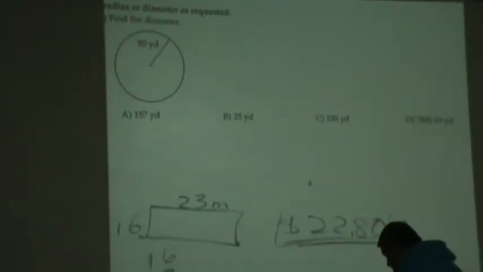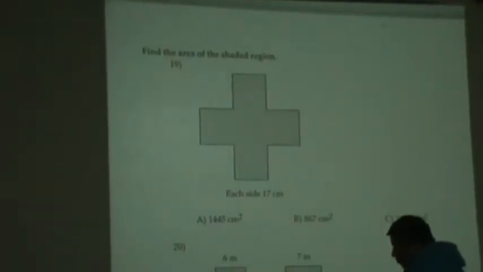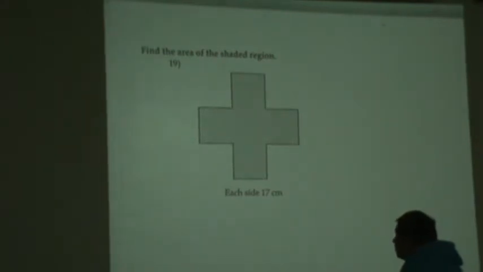Okay, next. 19, the area of the shaded region. We had one like this on homework. What did we do? We divided it up into 5 equal squares, right? So you got 5 times the squares.